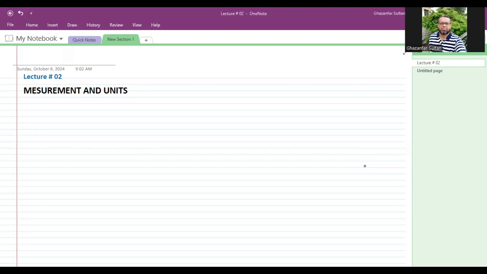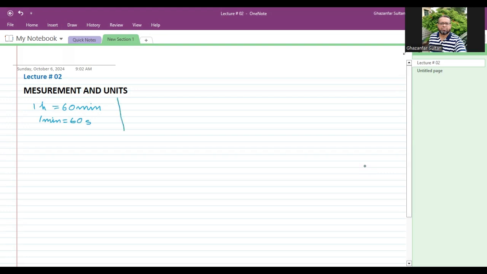Okay, now see one more relationship. You know, the unit of time, 1 hour is equal to 60 minutes, and 1 minute is equal to 60 seconds.